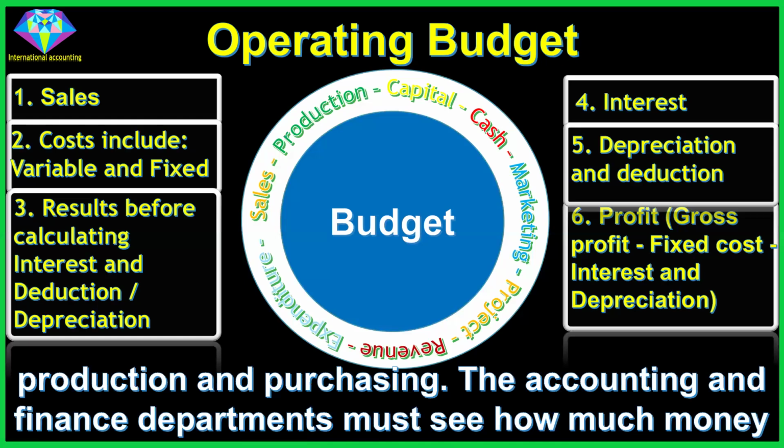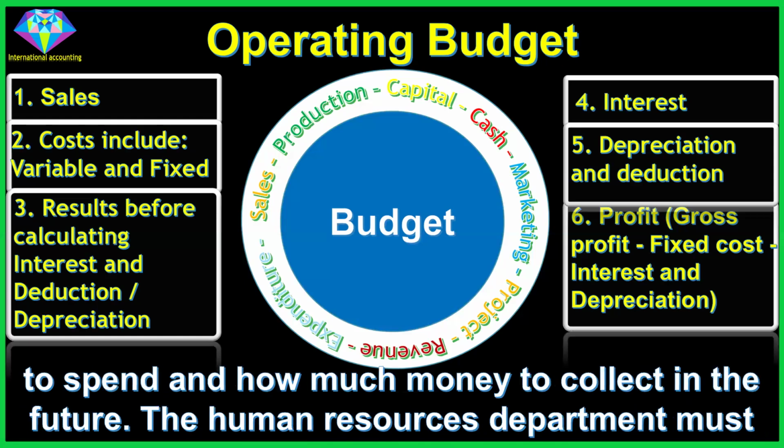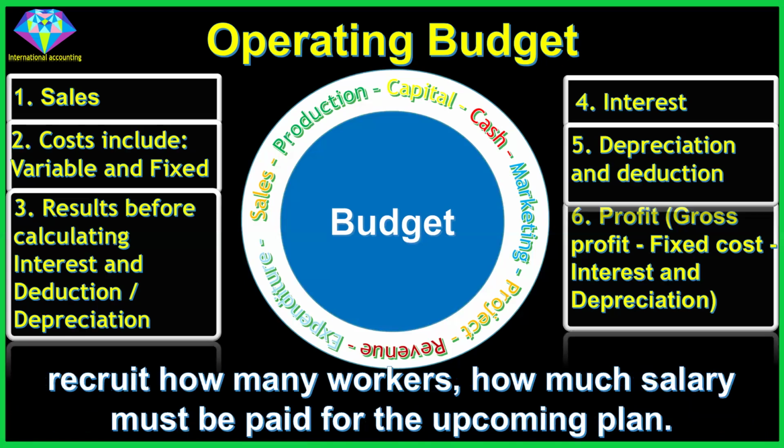The accounting and finance departments must see how much money to spend and how much money to collect in the future. The human resources department must recruit how many workers, how much salary must be paid for the upcoming plan.